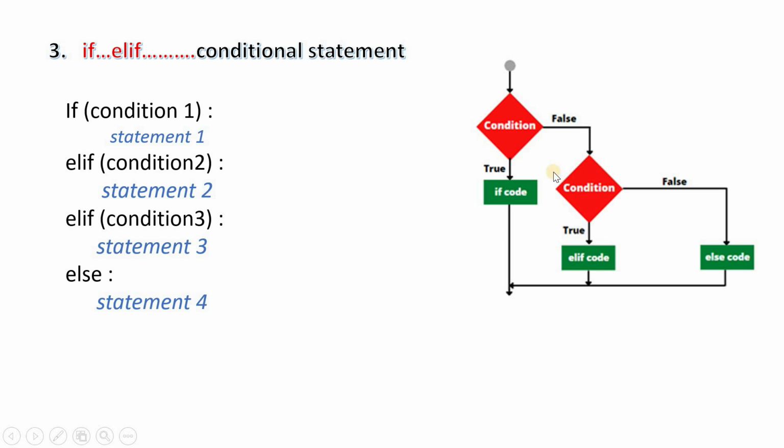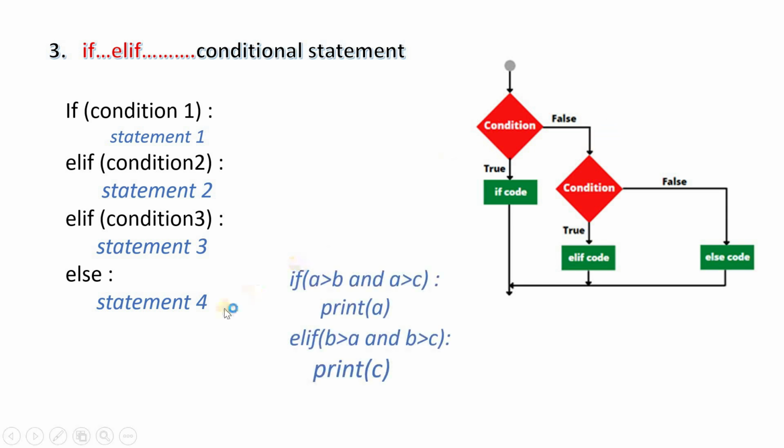Elif means when we apply a condition in the else part, as I told you. Let's discuss with the help of an example. This is your example, and there are three variables, A, B, and C, and you want to compare them. If A is greater than B and A is greater than C, there are two relations. Clear? If both relations are true, meaning both conditions are true, then the print statement for A will be executed, meaning the first statement will execute.